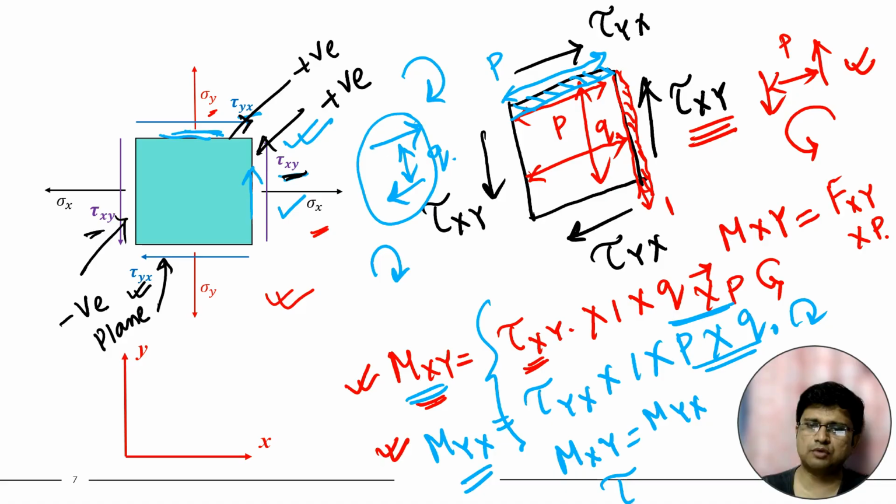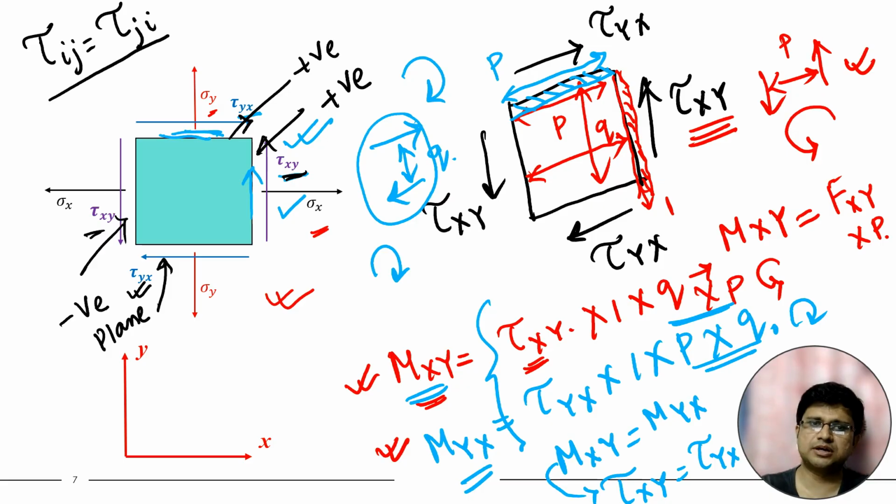So tau xy will be equal to tau yx. And these two terms are known as complementary shear stress. This is very important. Tau xy will be equal to tau yx. Or in general, I can say that tau ij will be equal to tau ji.